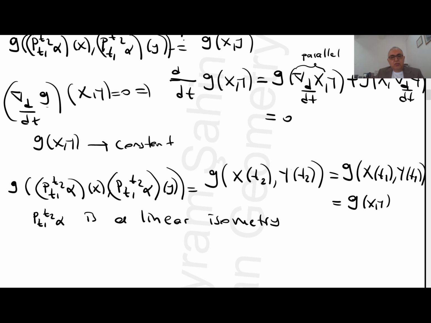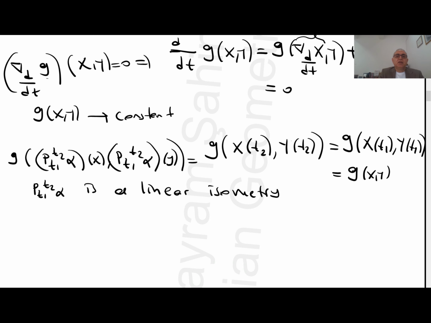Okay, so far so good, because we showed algebraically that this map is a linear isometry. This is very useful for us when we do calculations or when we define something on the Riemannian manifold. But what is the meaning of this map? Let me mention this.